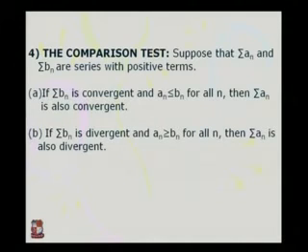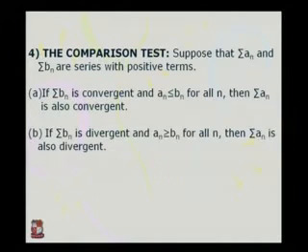If sigma an and sigma bn are series with positive terms, and if sigma bn is convergent and an is less than or equal to bn for all n, then sigma an is also convergent by direct comparison.